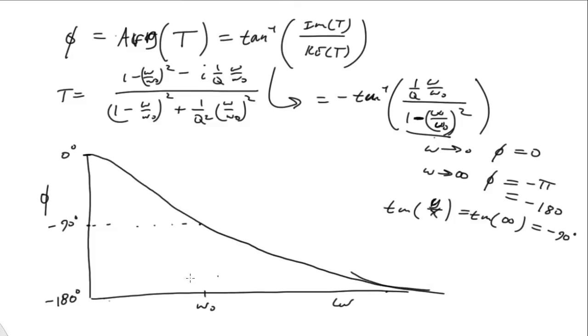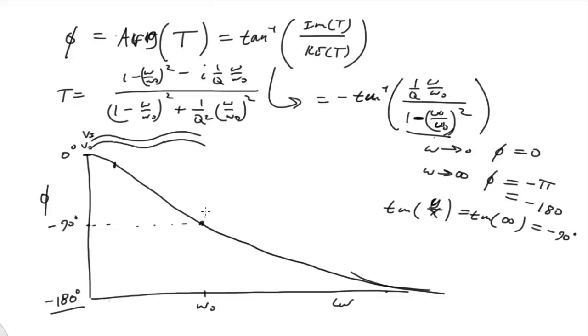What's interesting about this then, remember 180 degrees out of phase means that, here we see any DC signal or really slow signal, the system is able to track it pretty well with very little delay. So that's V in and that's V out.